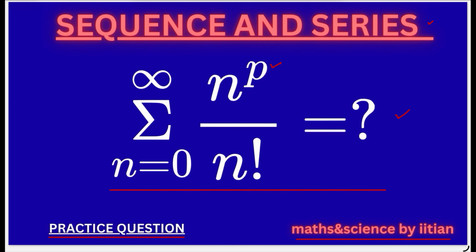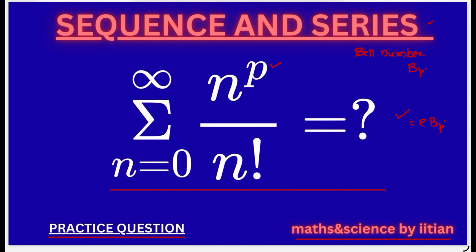This series value involves finding the Bell number, which is BP, and from the Bell number we will be finding the series, that will be E into Bell number. Then what is that Bell number?